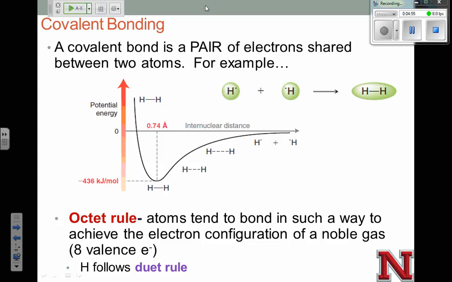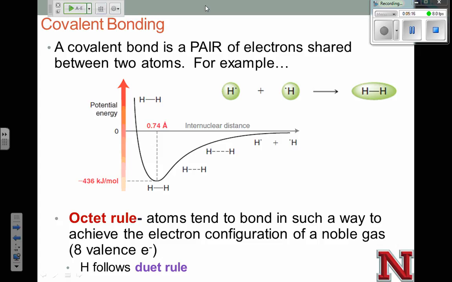Most of our atoms tend to bond in a way to achieve an 8 electron valence, so the octet rule, except for hydrogen, which likes to follow the duet rule. Of course, when we're thinking about what orbitals we have, hydrogen only has a 1s orbital.